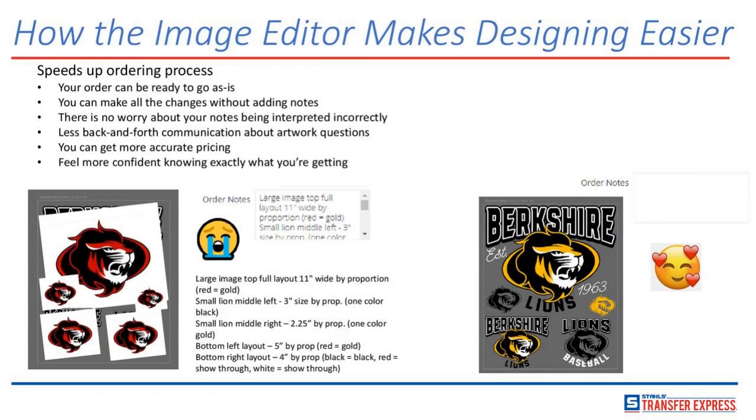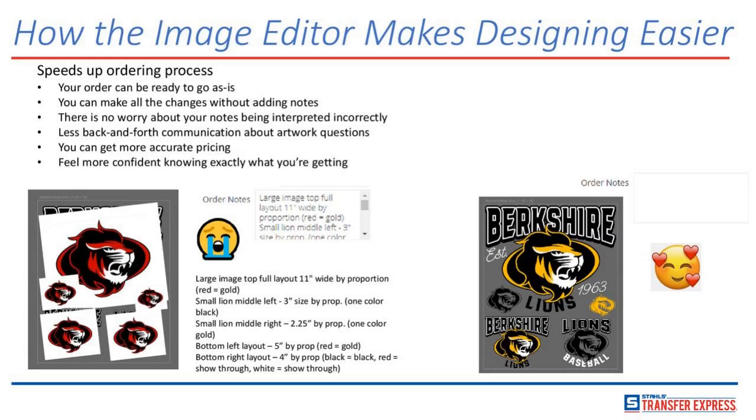Okay, so not only does vectorizing using the image editor make your design experience easier, but it makes your life easier. See, without the image editor, on the left-hand side here, you see all of these notes. Right now, this is what our notes section looks like, where you see above my little crying face here. Because this person didn't run their lion through the image editor, they had to type all of these notes.